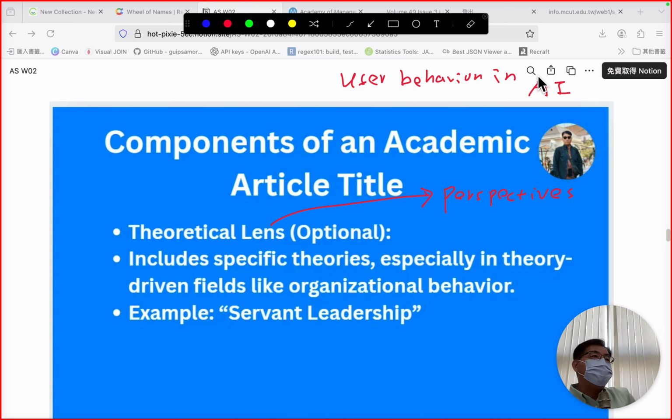It's a user behavior. Okay, it could be a dependent variable. But when you want to study this kind of phenomenon, we have multiple perspectives, multiple lenses, based on what kind of theory you want to pick as a lens perspective. Let me tell you. For example, TAM.